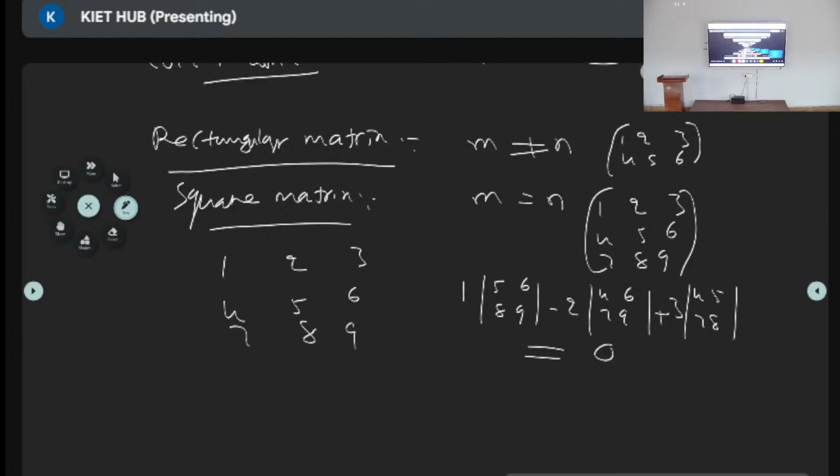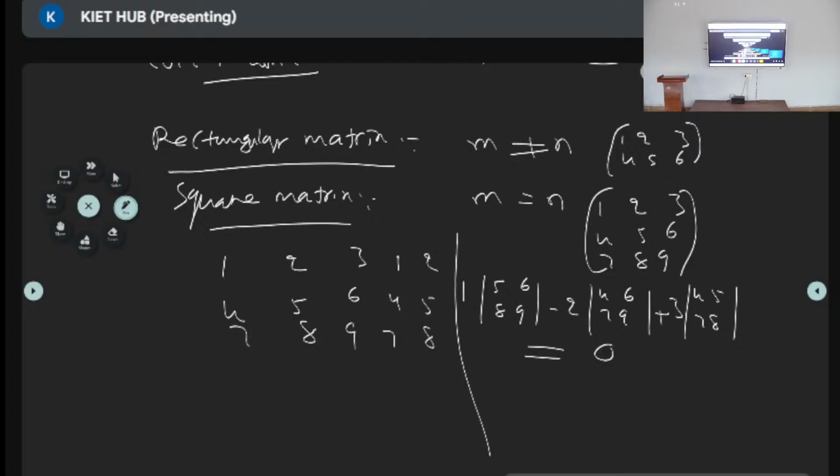Yes. Then we have one shortcut to find the determinant value. Observe here 1, 2, 3, 4, 5, 6, 7, 8, 9. These two columns extend here: 1, 4, 7, 2, 5, 8. Observe the shortcut for the determinant.